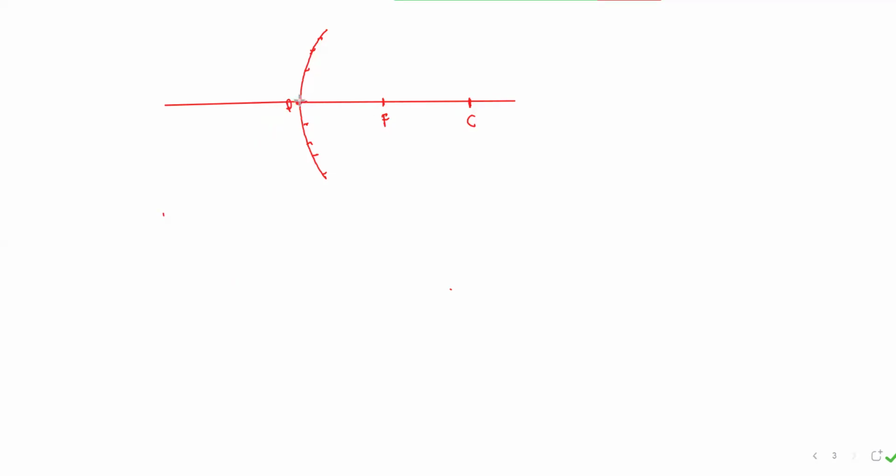So let me come again. It must hit the pole very well. After reflection, it must reflect at the same axis.